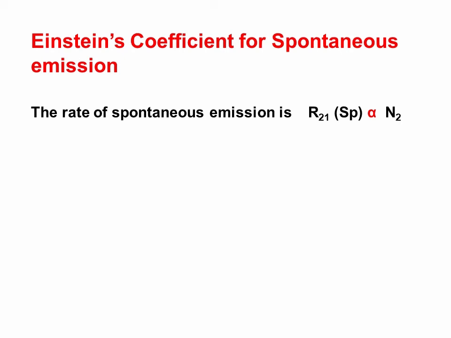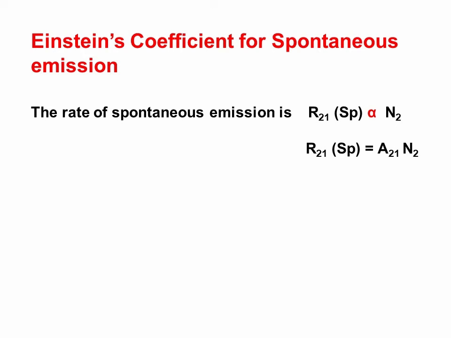Here R21 refers to R as rate, 21 as E2 to E1, that is emission. R21 spontaneous emission is directly proportional to the number of atoms in the excited state. The next equation: R21 within bracket SP is equal to A21 N2.